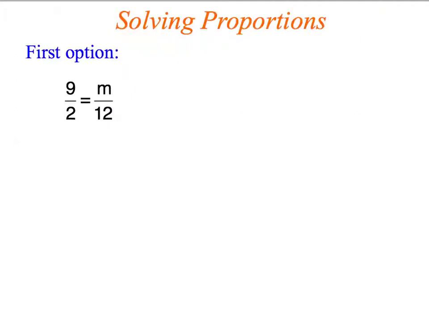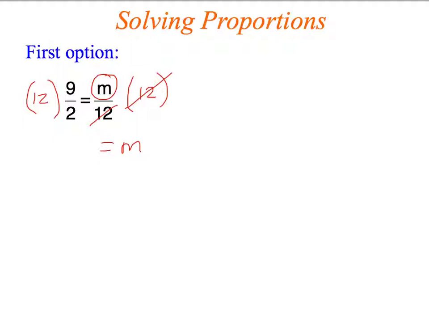The first option for a way to solve proportions is something you've seen before. So we're trying to get m by itself, because that's how you solve an equation for a variable. And to do that, we can multiply both sides by 12. So this is our multiplication property of equality. Our 12s cancel, so we end up with just m on the right side, which is what we want.